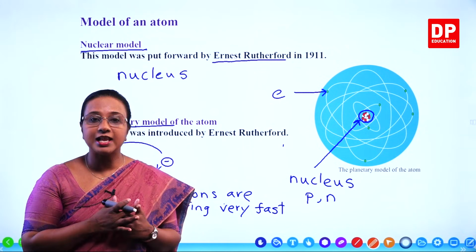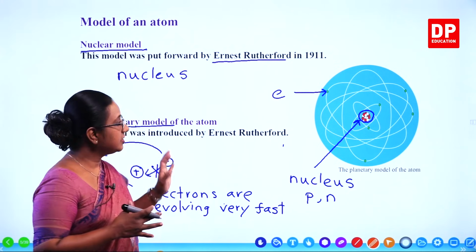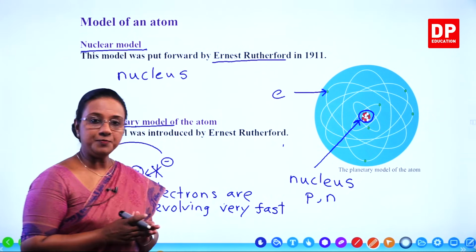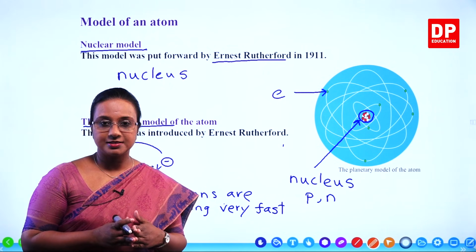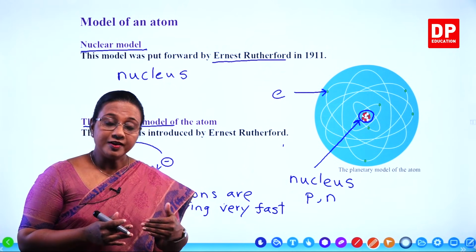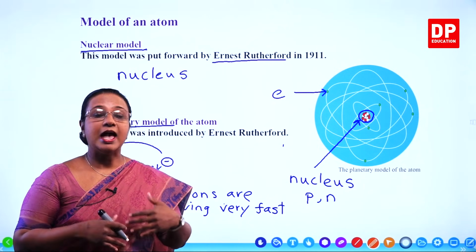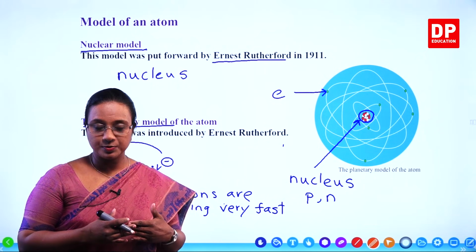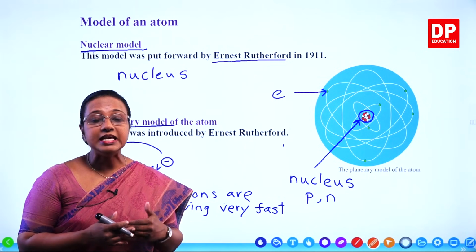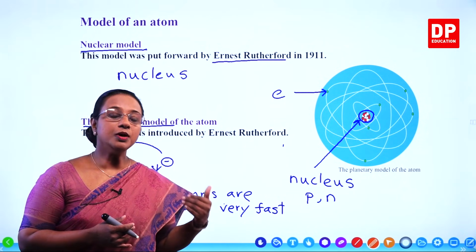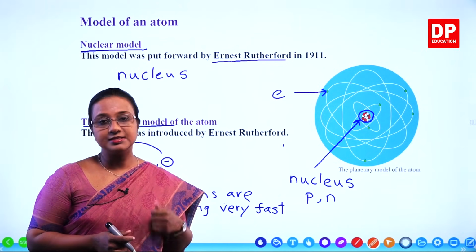They do not collide with each other. So, this is the basic model that was accepted by the scientists. Further, the same model was illustrated and more information was provided by another scientist called Niels Bohr. Now, we will look at the structure proposed by Niels Bohr.